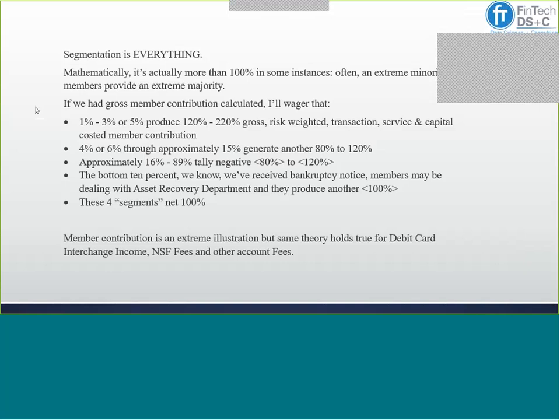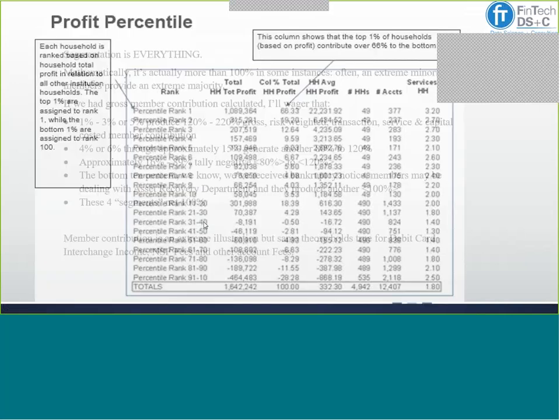It's those users that are using their card 50, 60, and more times per month that produce the majority of your interchange income, and that means you've got 85% of active users that only produce about 15%. So an extreme minority produces an extreme majority, and depending on how your NSF program is running, it may be similar, as well as other account fees. My point is, it's very important to be able to isolate and see those segments.